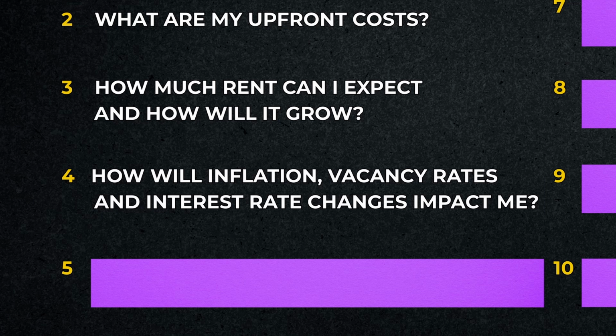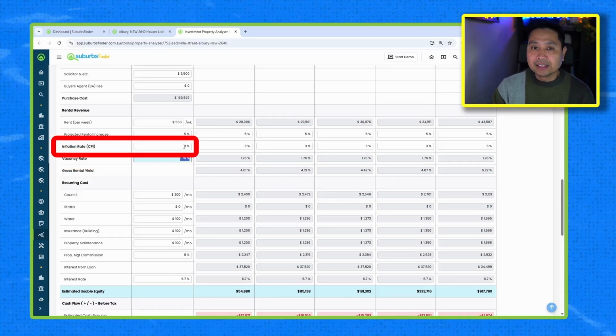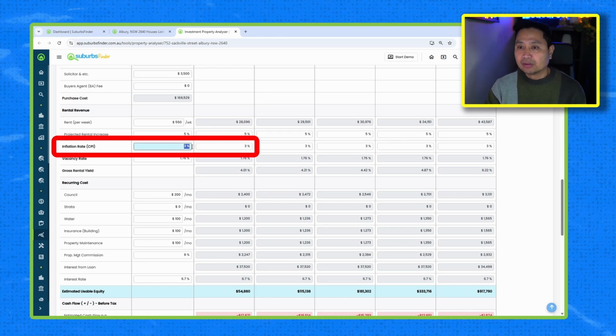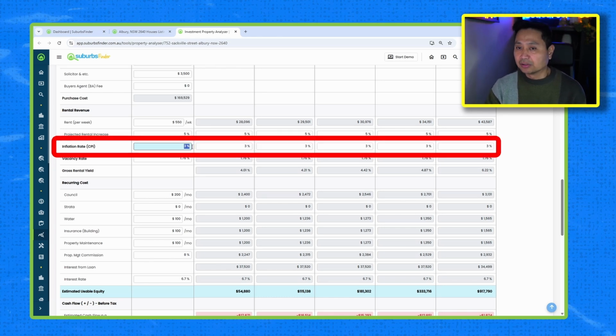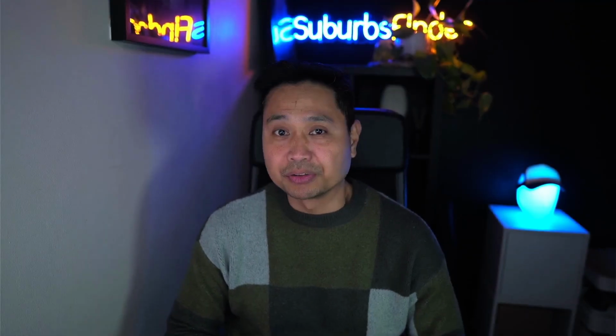How will inflation, vacancy rates, and interest rate changes impact me? The vacancy rate is sourced directly from SuburbsFinder's database, while the inflation rate is fully customizable, either per year or across a 30-year horizon, allowing for flexible scenario testing that reflects changing economic conditions. Economic conditions affect every investor.